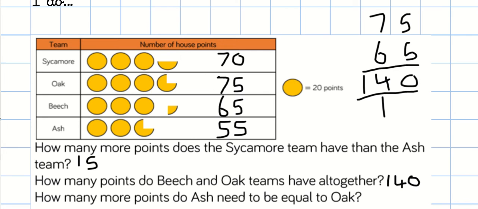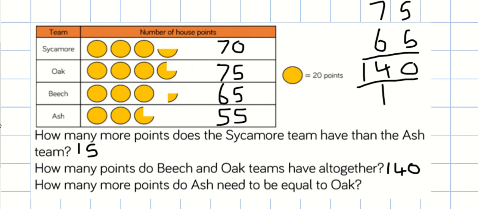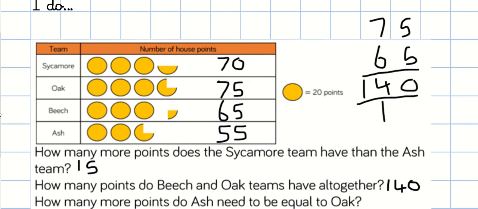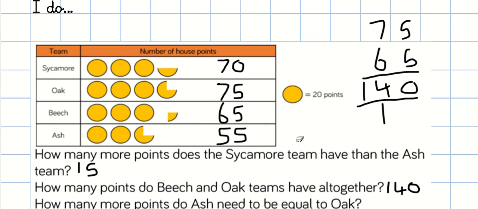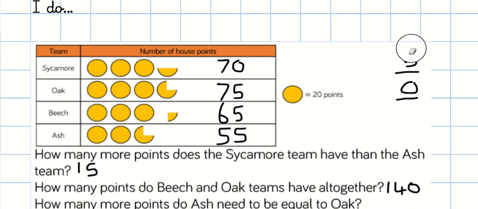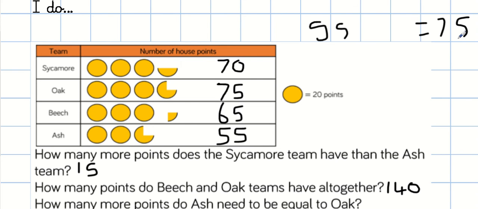And then how many points does Ash need to be equal to Oak? How many extra points would I need to give Ash to get up to Oak? Again, I could work out what I'd need to add to 55. So 55 add something equals 75. Here I might use a number line. How many do I have to add to get from 55 to 75?